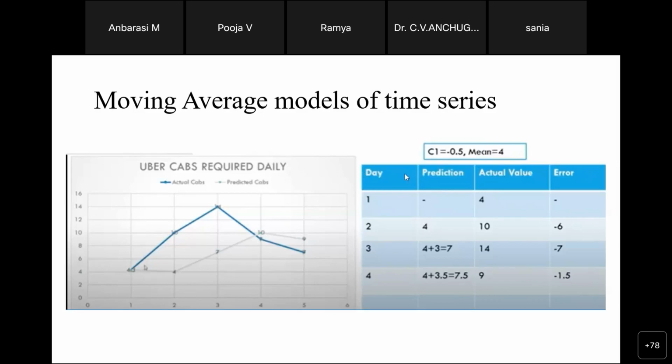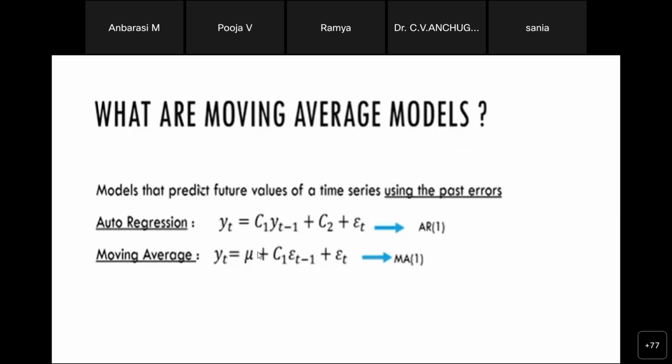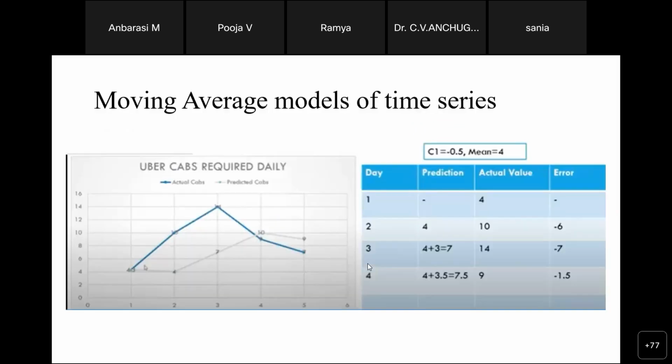So here on day one, we cannot predict anything. The actual number of passengers is 4, but the error we also don't have. On the second day, based on the previous data, we can predict it. This is the formula we have: mean value plus the constant value multiplied with the error data, plus the current error data.